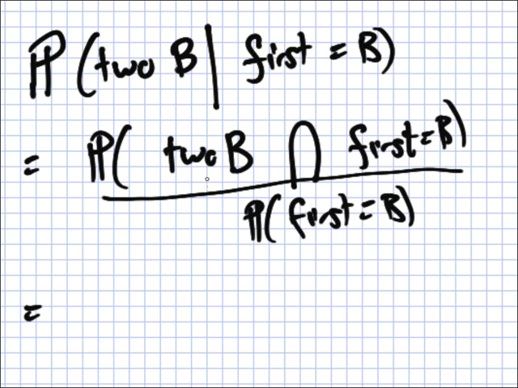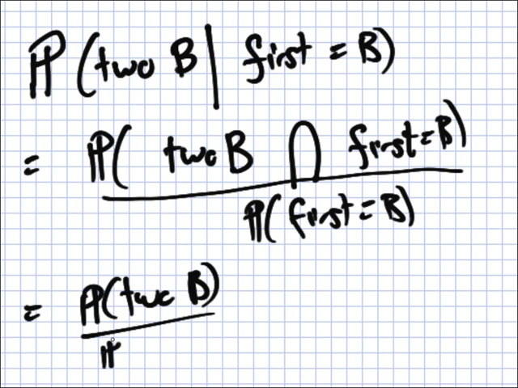Suppose I said to you, flip a coin twice, and you want the probability of getting two heads, and the first result is a head. Did I really need to say the second part? No, I didn't. It's not important. If I said, what's the probability of flipping a coin twice and getting two heads, and that the first result's a head? Exactly. So the second piece here, not necessary. Two boys over the first is a boy.